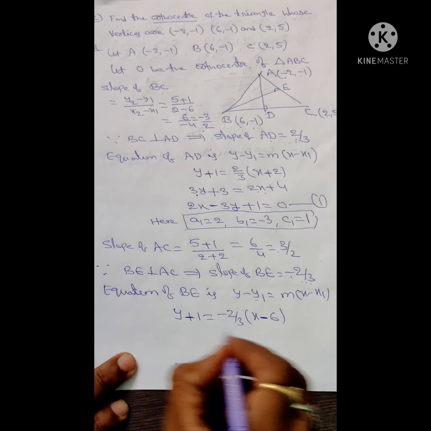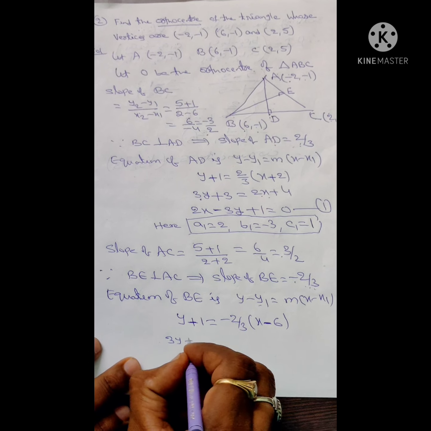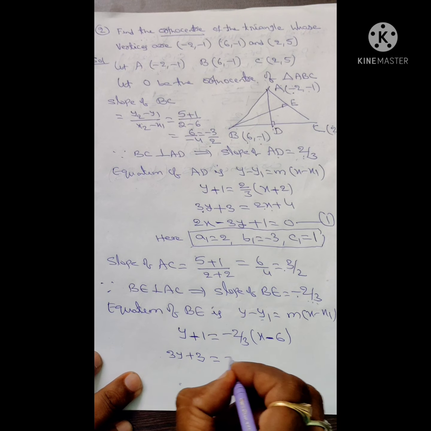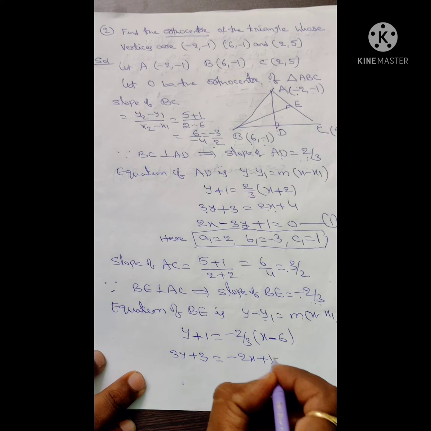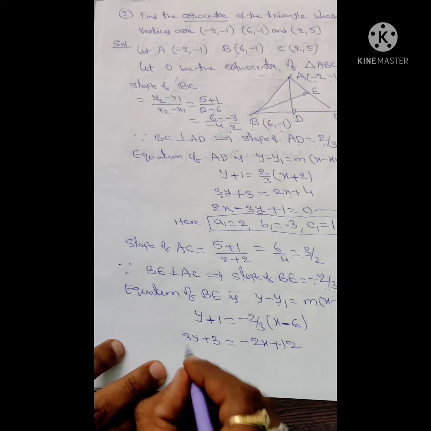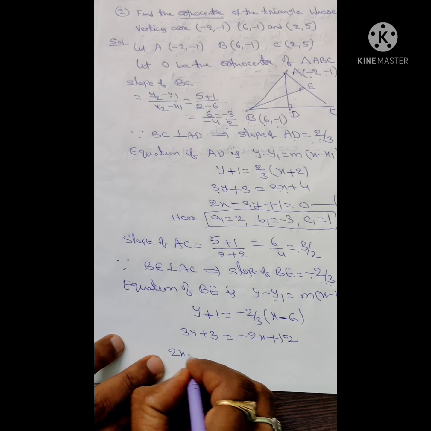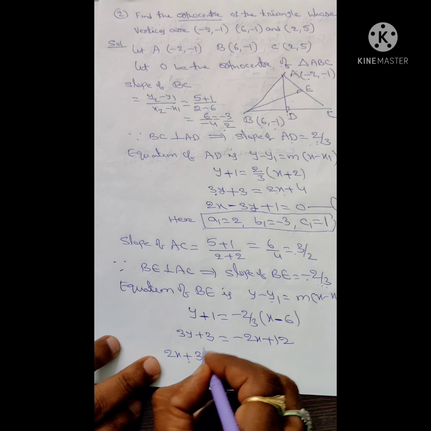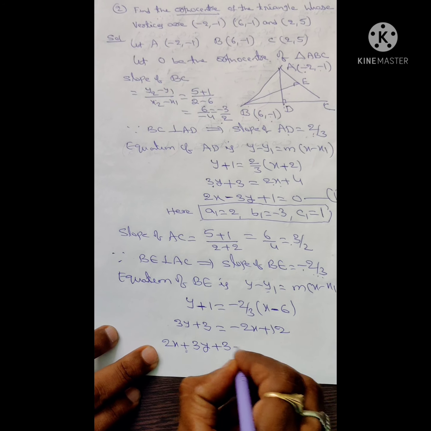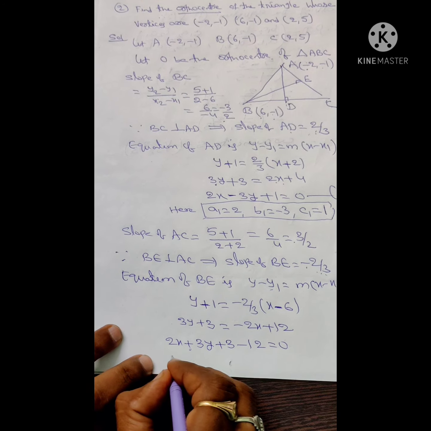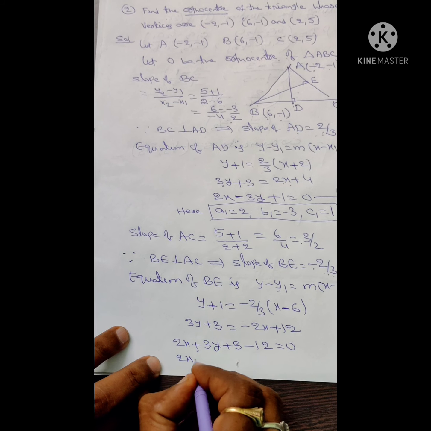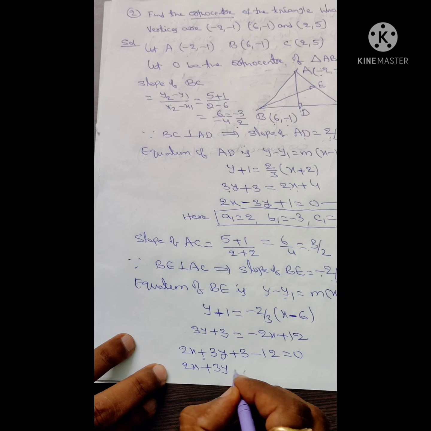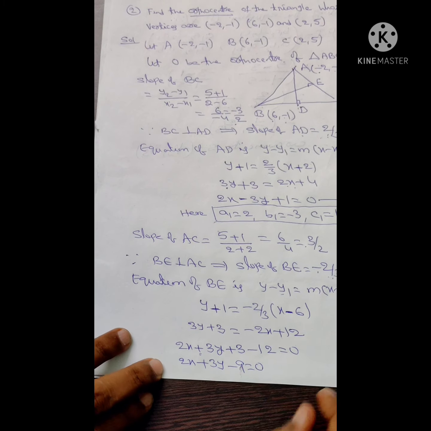This is equal to, cross multiplying, 3y plus 3 is equal to minus 2x plus 12. This is 2x plus 3y plus 3 minus 12 equal to 0. So that is 2x plus 3y minus 9 equal to 0.